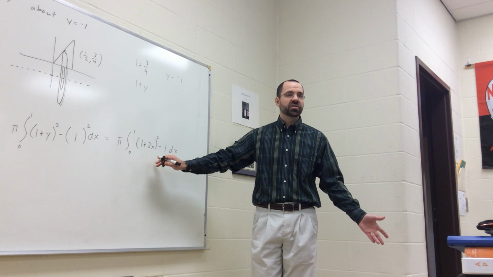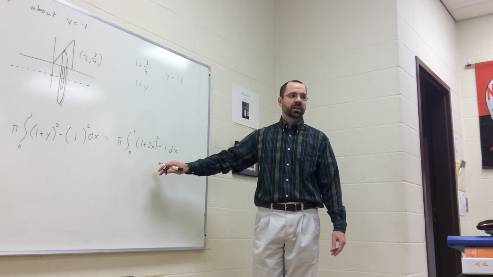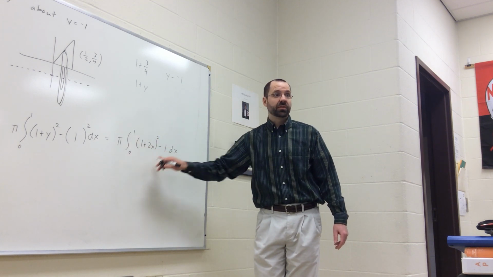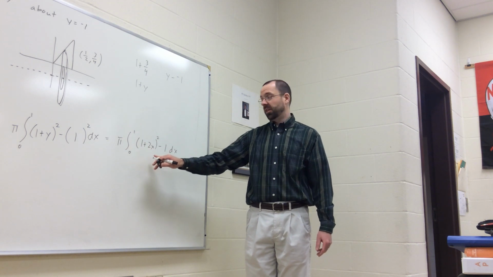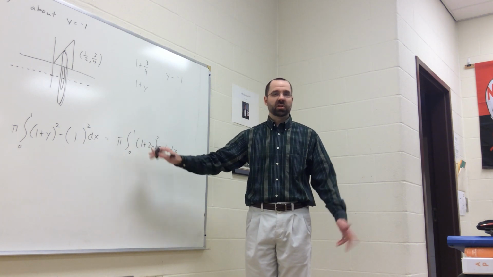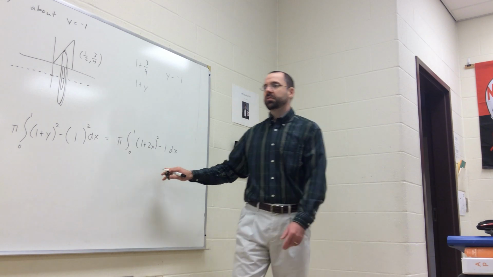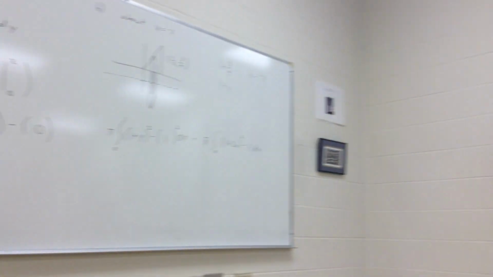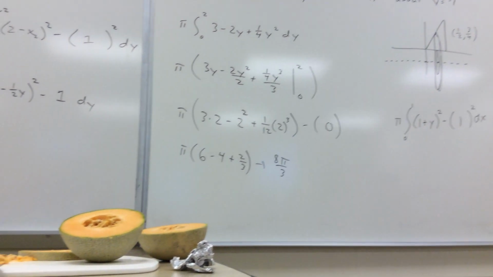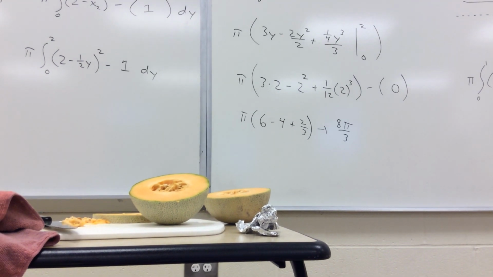And then from there, it's just the same algebra as we've been doing. Got to FOIL this out, and then take the antiderivative, plug in 1, plug in 0, subtract. So I'll just write down what the answer is for that one. Don't need to go through that. Comes out to 10 pi over 3.